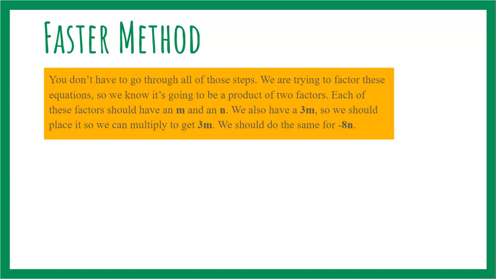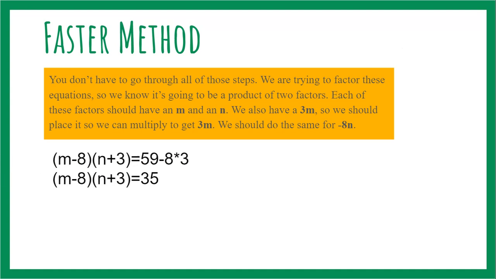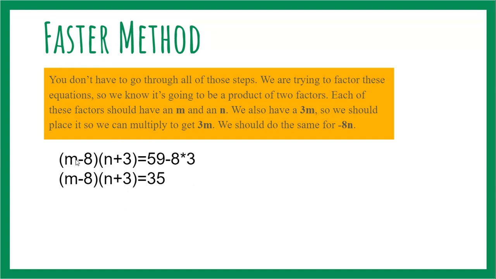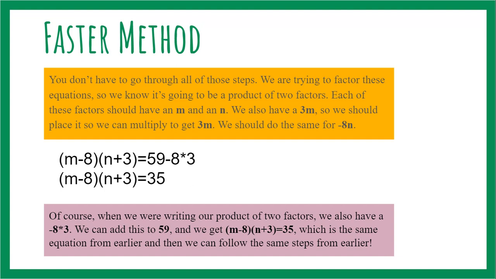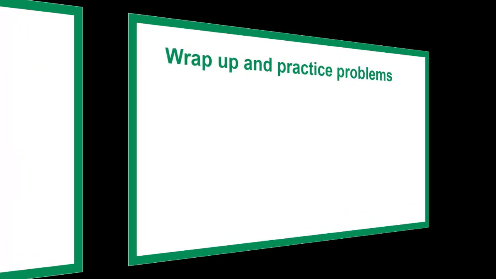We also have a 3m, so we could place a 3 so that it multiplies with m when you use FOIL, and the minus 8 is going to multiply with an n when you use FOIL. But this also has a minus 8 times 3, so then we get (m minus 8) times (n plus 3) equals 35. And this is our same equation as earlier, so then we can follow the same steps from earlier.